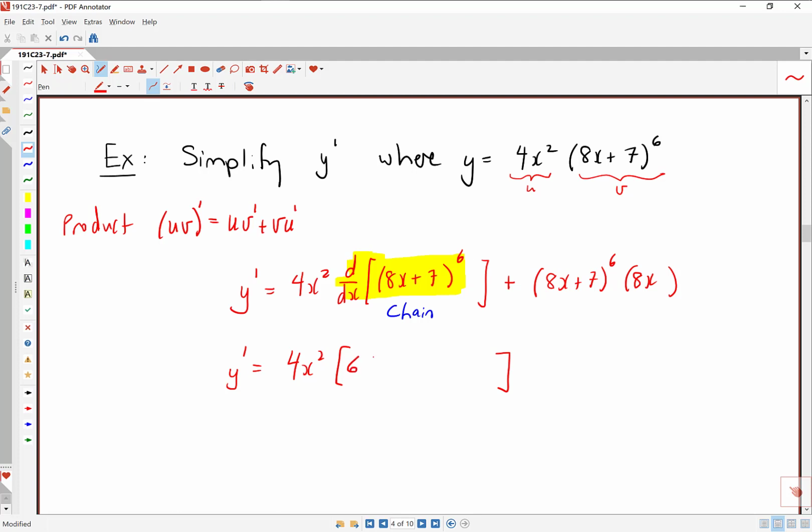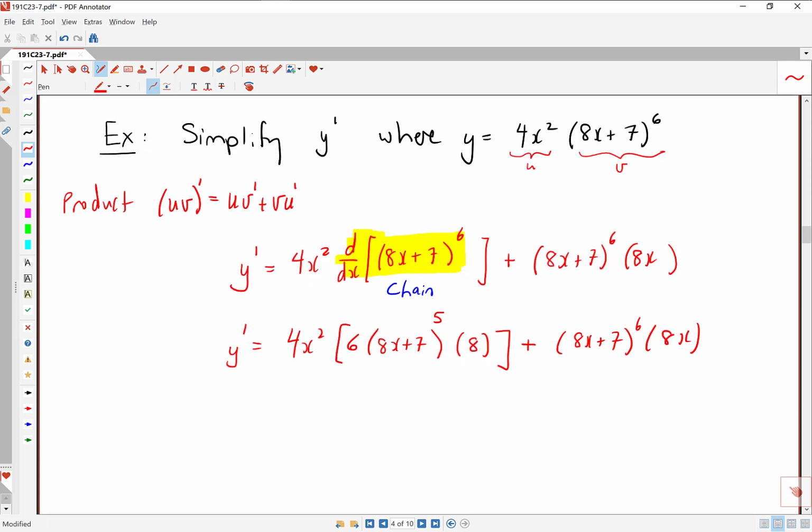So 6 will come down in front, inside function will stay the same, power will decrease, and then we multiply by the derivative of the inside function, which is 8. And then we've still got the rest of that expression there, (8x plus 7) to the 6th power times 8x.